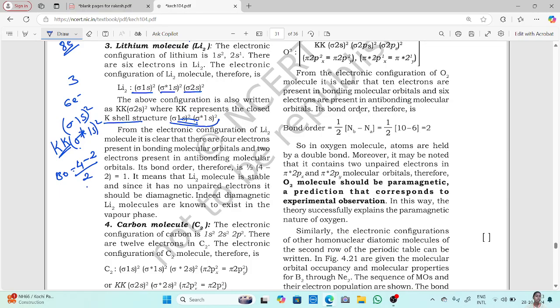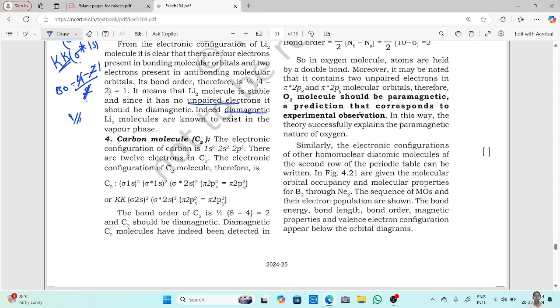So 4 minus 2 is 2, 2 ones are 2, so 1 is the bond order. It means the lithium 2 molecule is stable, and since there are no unpaired electrons, all the molecular orbitals are paired, it is diamagnetic.